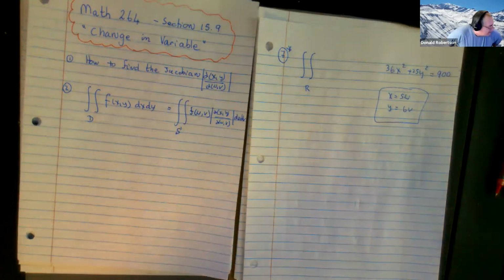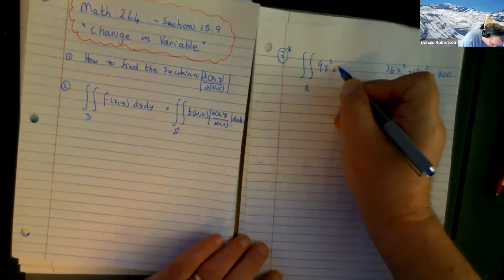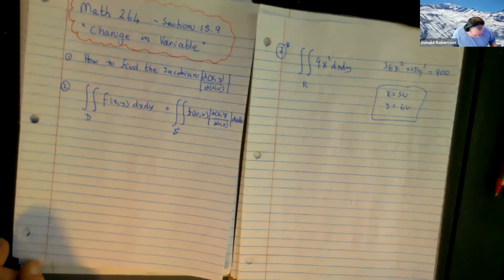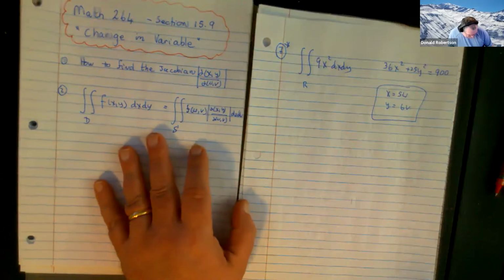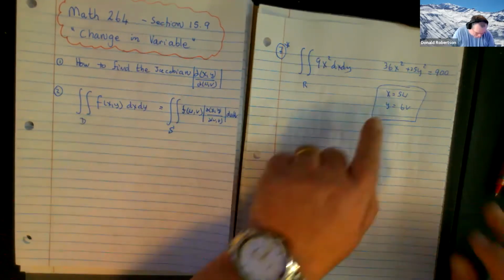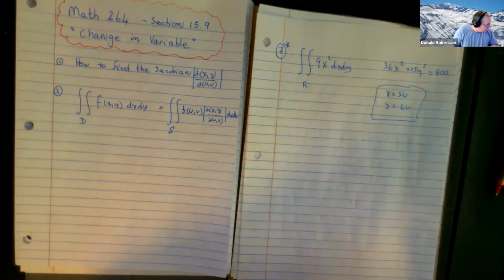The function that we're being asked to integrate is 9x squared dx dy. So according to this formula, I have to figure out what the range in these values look like.